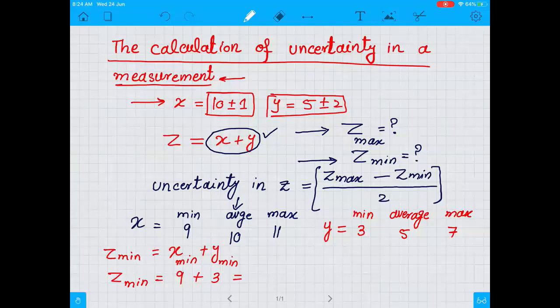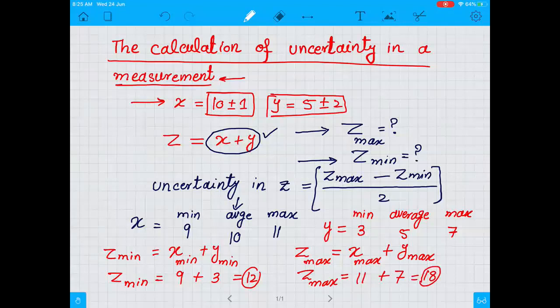So the minimum value of z is 12. Now let's calculate z maximum. Z maximum would be equal to x maximum plus y maximum. Now x maximum is 11 and y maximum is 7, so it would be 18.